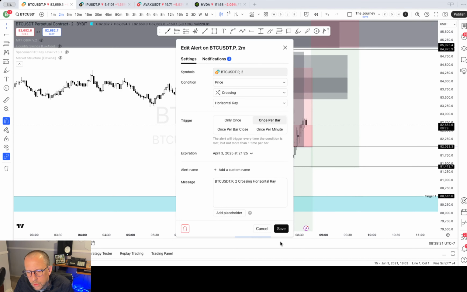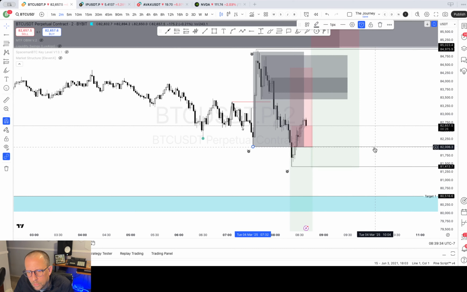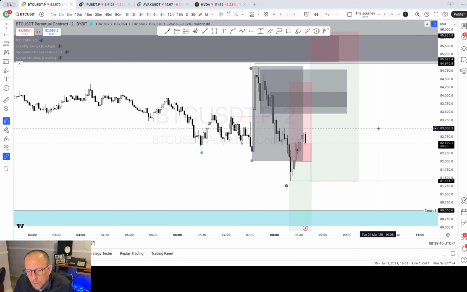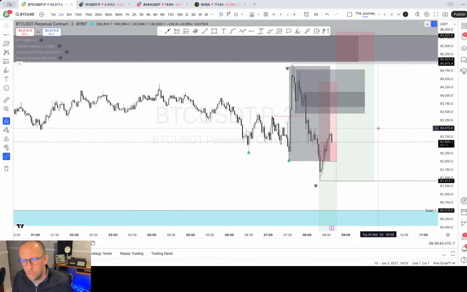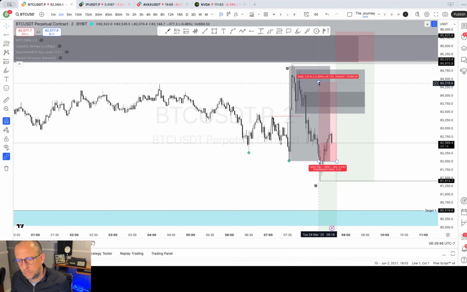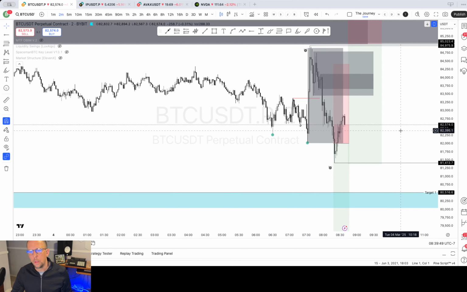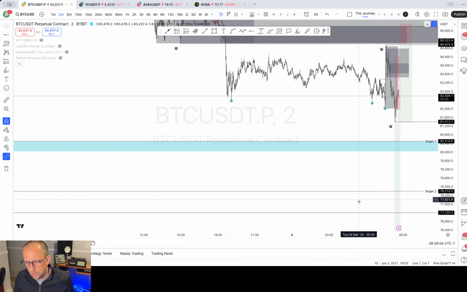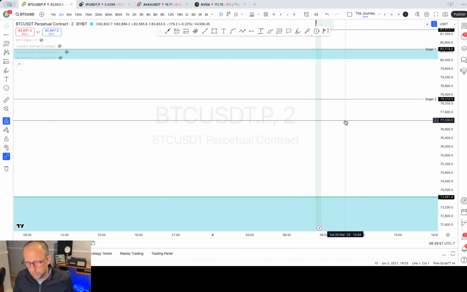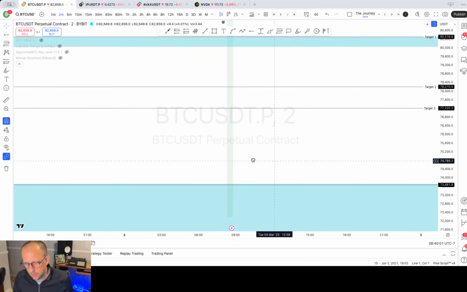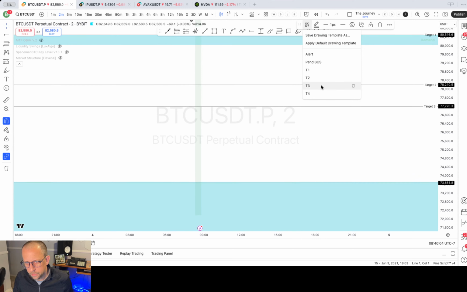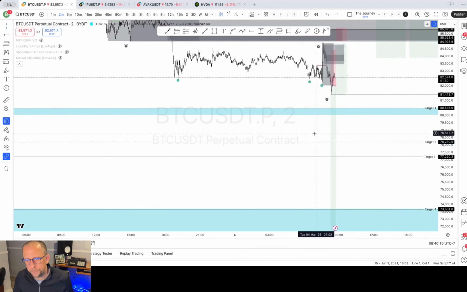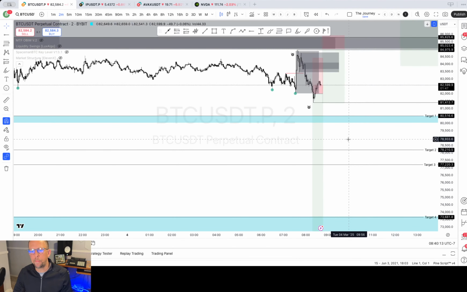As a matter of fact, I don't even need this line. This line can just go away. Let's see, we got target 1, target 2. We'll just come on down the line then. That's gonna be target 3, and this guy down here would be target 4. Works for me.